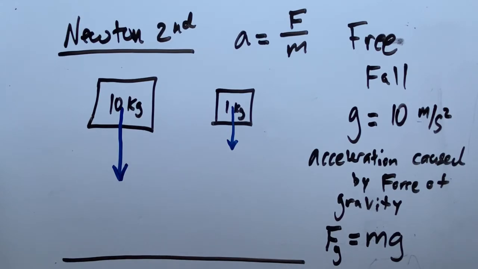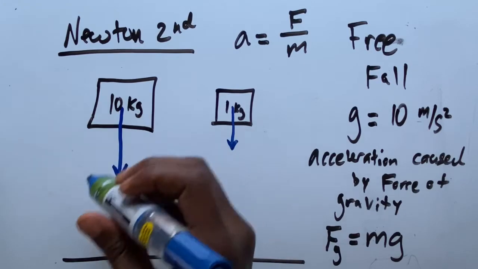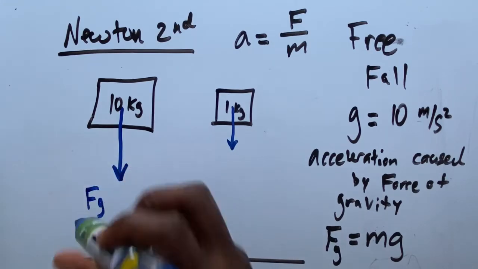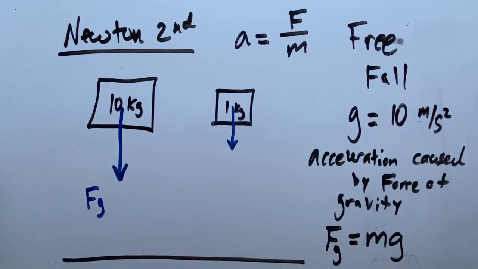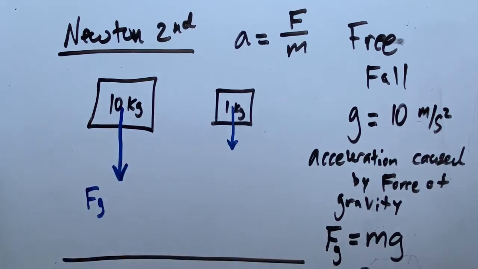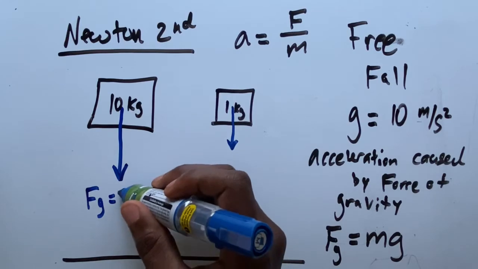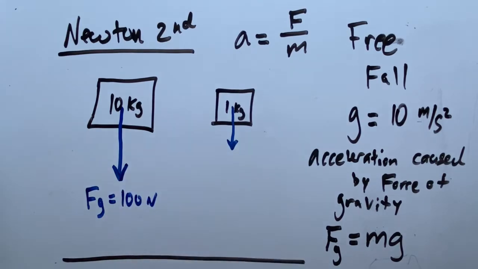Why do you think that is? Well, let me write out what the force of gravity is on both of those. Here, the force of gravity on this 10 kilogram block is going to be the mass, which is 10, times g, which is also 10. So the force of gravity on this block is going to be 100 newtons.